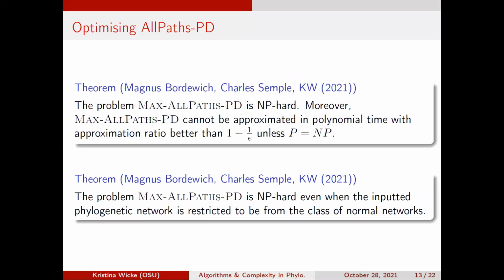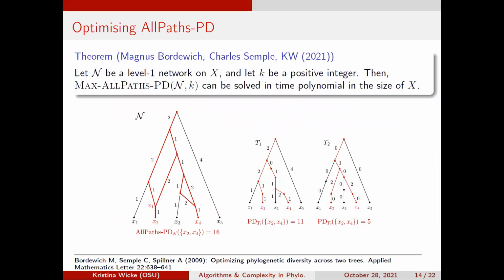However, there's also some good news for all-path PD. We could show that if we consider this other class of simple networks, namely level 1, then the problem can be solved in time polynomial in the number of leaves. Essentially, for level 1 networks, there is a certain way to decompose the network into 2 trees, not necessarily phylogenetic in the strict sense, because you might have degree 2 vertices.